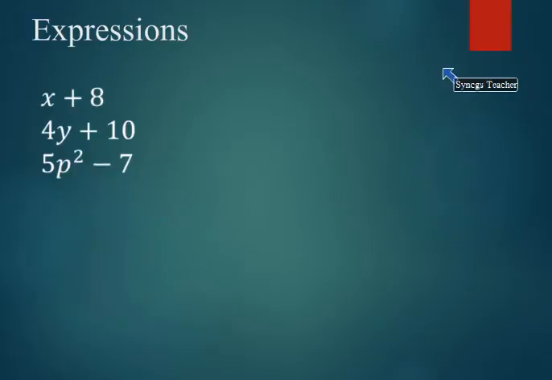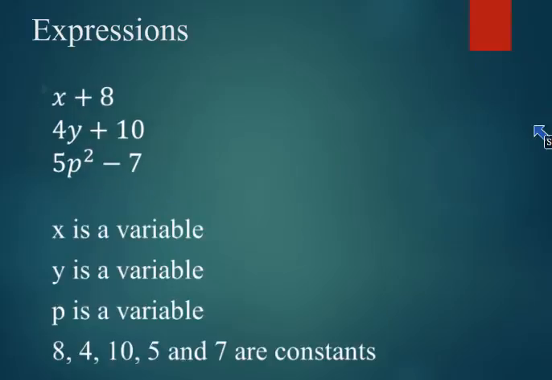Look at the following expressions. What we have here, we have x plus 8, 4y plus 10 and 5p square minus 7. Here x, y and p are called variables, whereas the numbers 4, 8, 10, 5 and 7 are called constants.